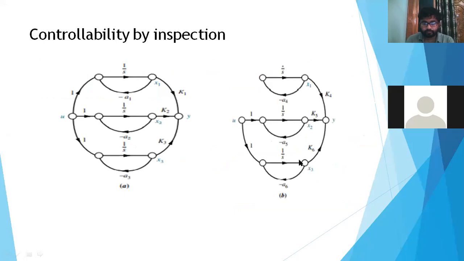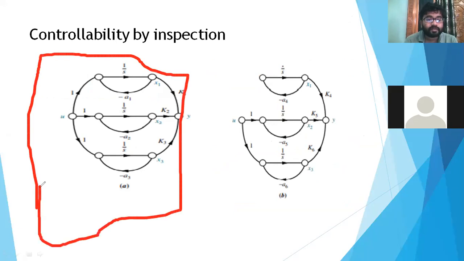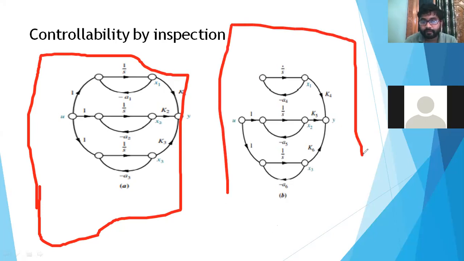See here, there is a system represented in parallel form using a signal flow graph. There is one more system represented using a signal flow graph in parallel form.